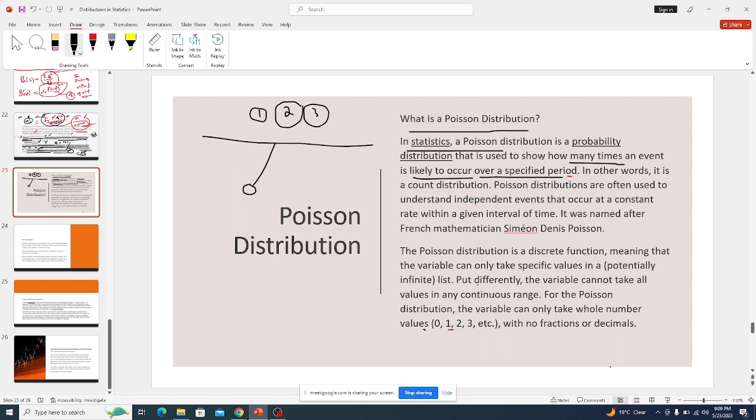Take note of that. How many times an event is likely to occur over a specified time period.